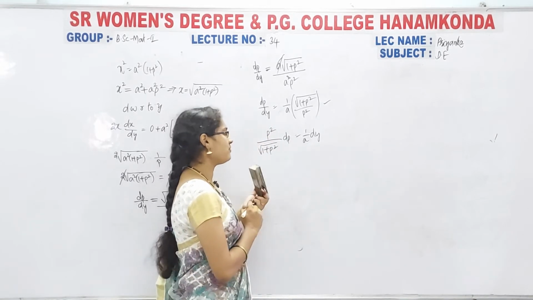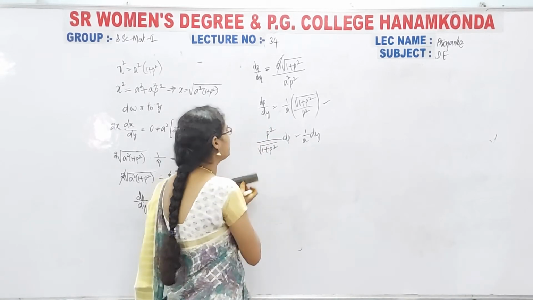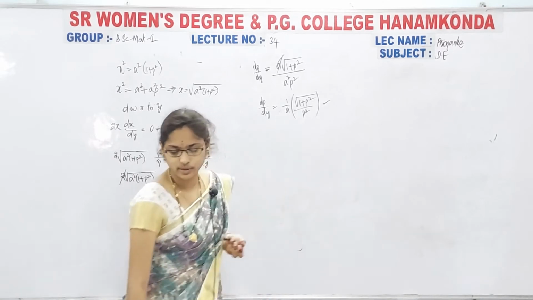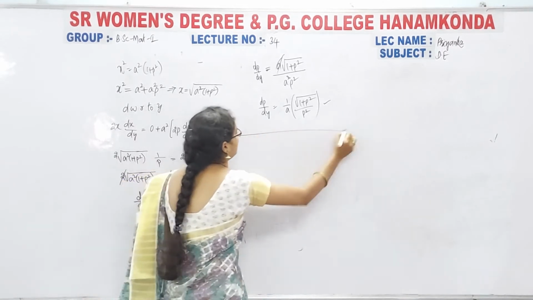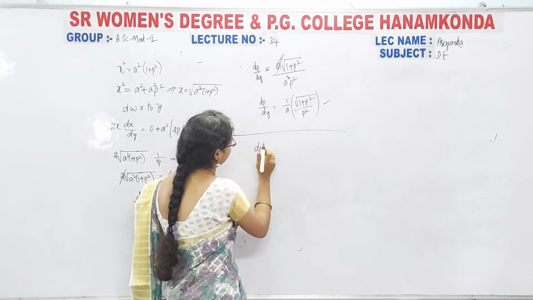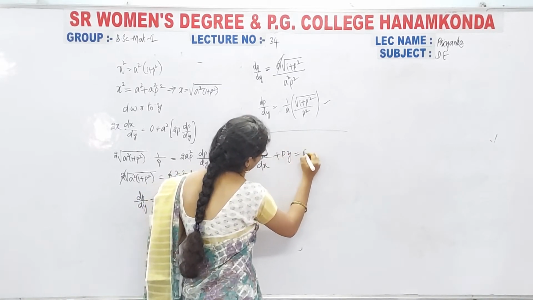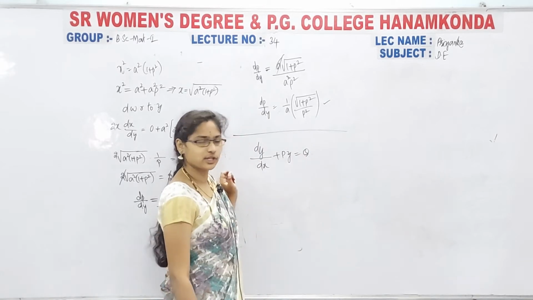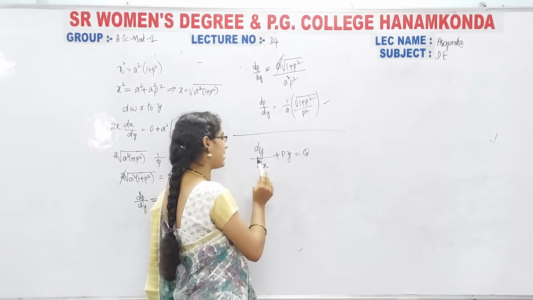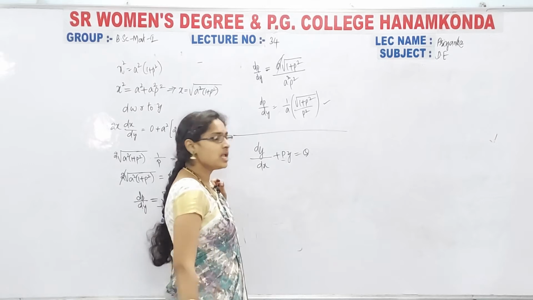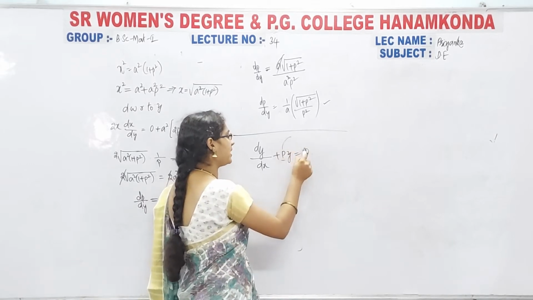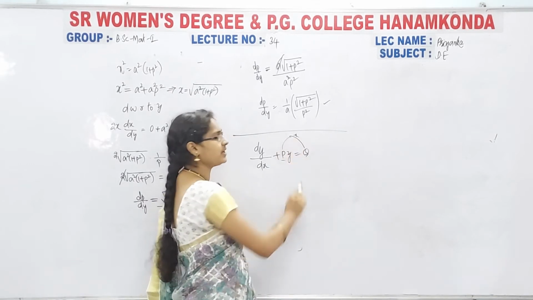Just now I said how to take the linear differential equation, it is getting a little confusing, so I am giving the clarity, listen. So this is the linear differential equation. Here we have y, and here we have x, and here we have p and q, where p and q are nothing but functions of x itself.